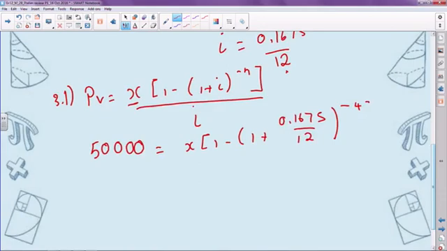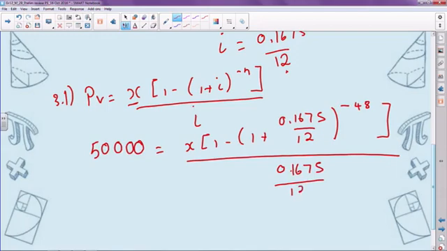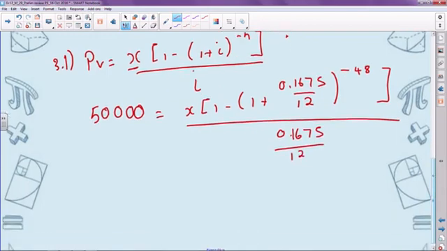So N is going to be negative 48. And then we divide by I, which is 0.1675 over 12. In order to solve for X, you now need to divide both sides by this big fraction here.